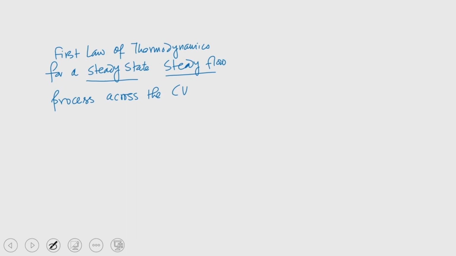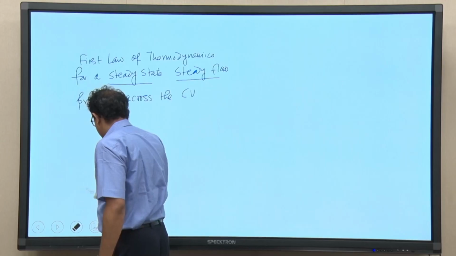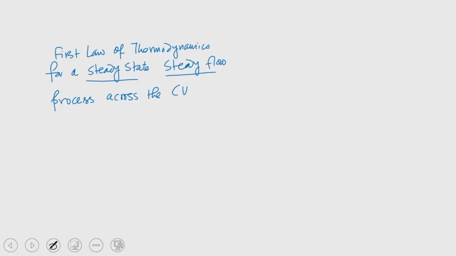I have underlined these two coupled keywords, steady state steady flow. We shall discuss the significance of these two keywords in the context of the analysis we are going to do today. Again, let us assume we have a control volume with inlet I and exit E. Flow is going into the control volume and coming out from it.